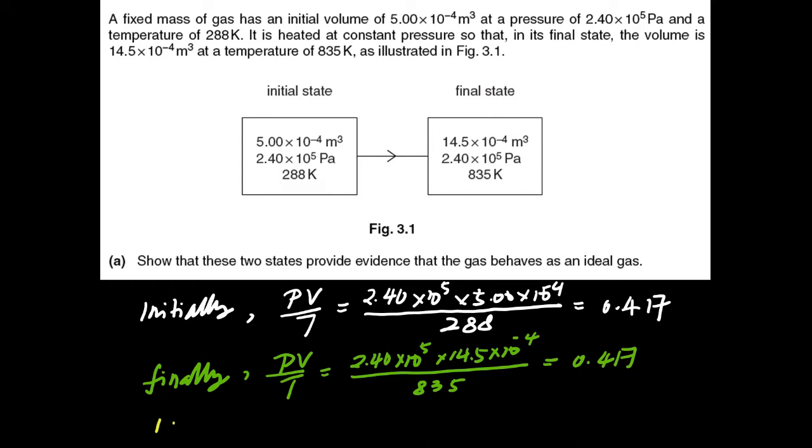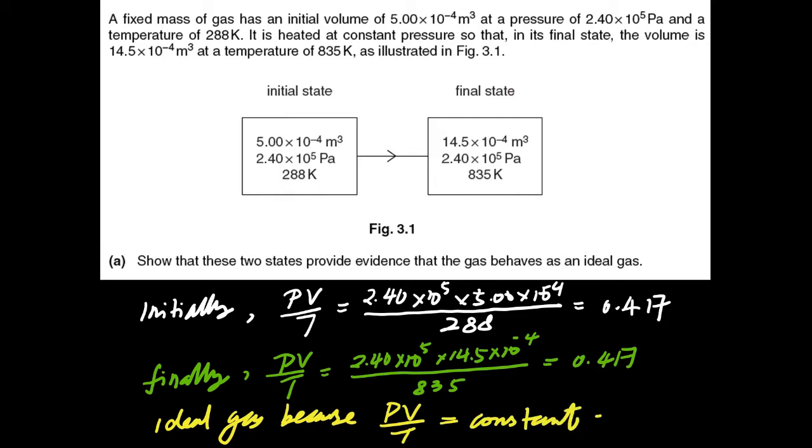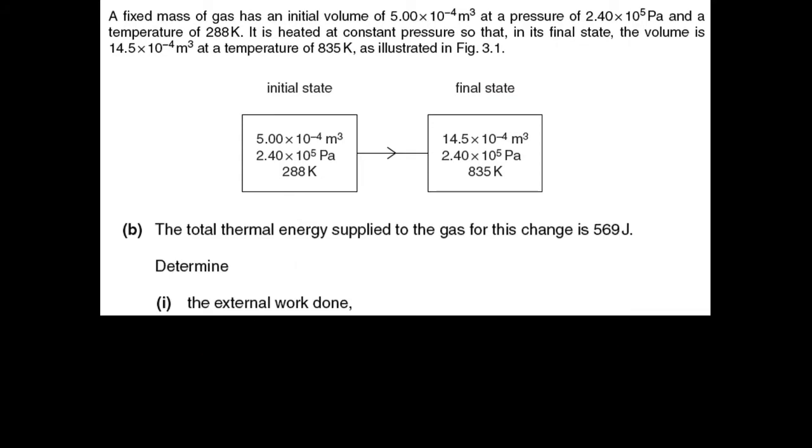This indicates that it is an ideal gas, as PV over T equals a constant, which is 0.417. B, the total thermal energy supplied to the gas for this change is 569 joule. Determine the external work done.